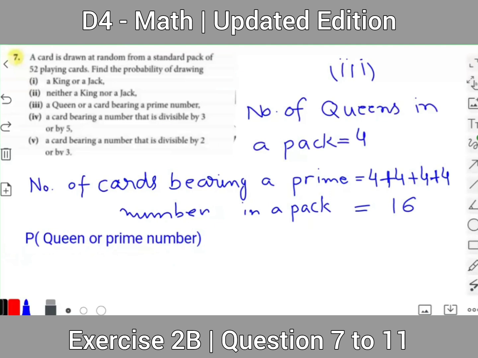The events that the card drawn is a queen or a prime number are mutually exclusive events.